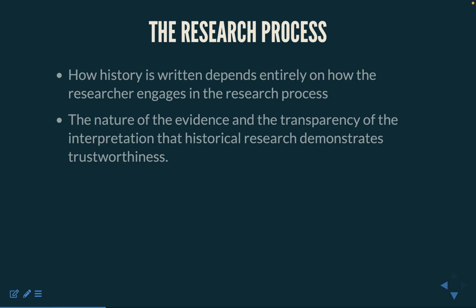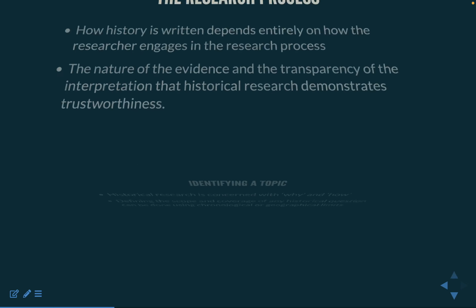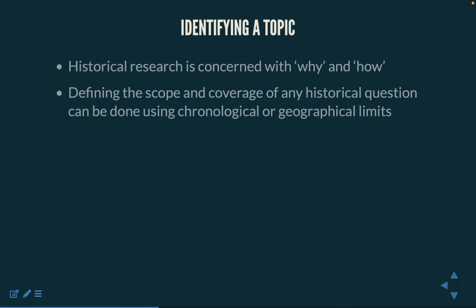These steps are presented here in a linear fashion, but with all qualitative research, you are reminded that this is an iterative process. There are a number of ways to formulate a good research question. Most historical research is concerned with the why and how questions. Using evidence to interpret these events, a good research question is a critical question, one that will lead to further questions and provoke discussion.